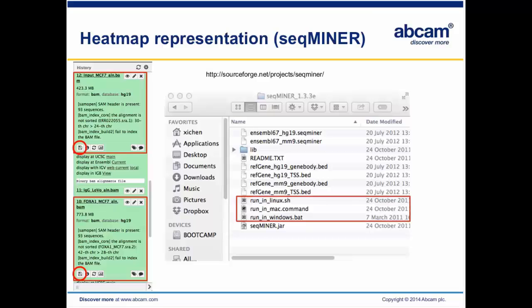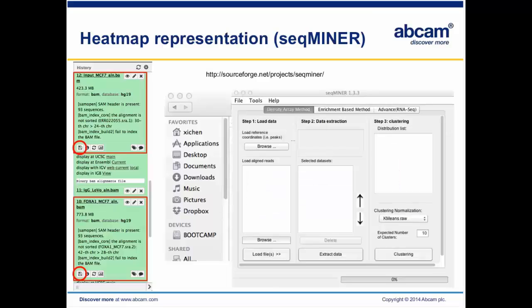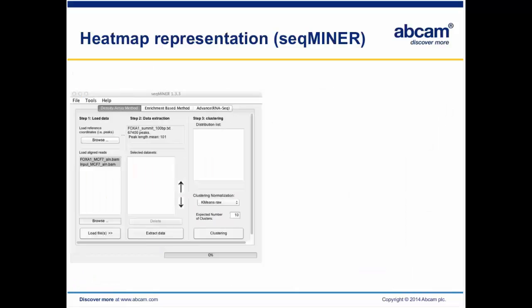Then you should see an interface like this. First, to load data into it, in the Load Reference section, choose the peak file, for example, the 100 base pair region text file we just created. Since this is a small file, it is immediately loaded, and you can see the information in the upper center.